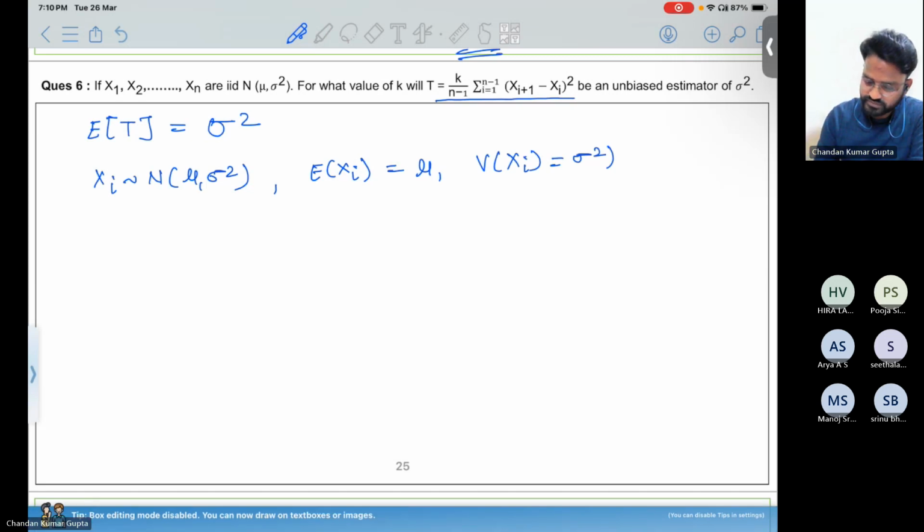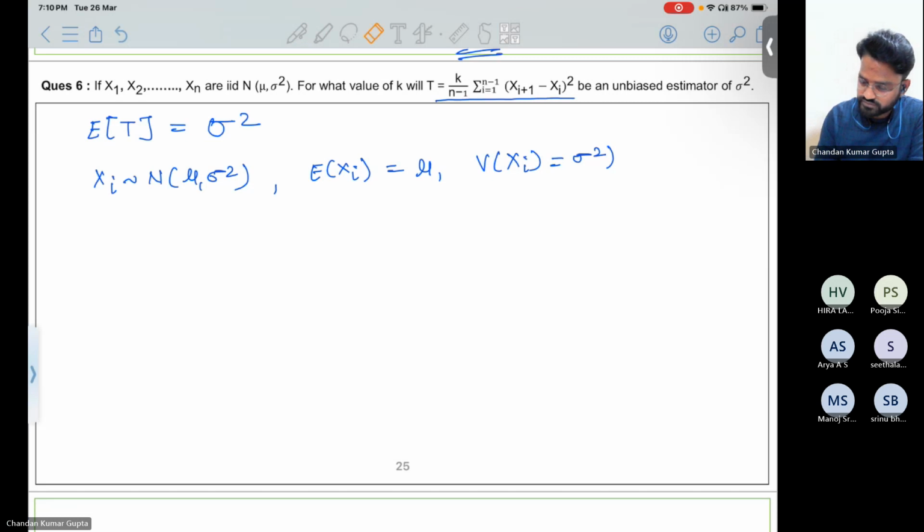Okay. Here we have the whole square term, so if we expand, we have xi square, xi plus 1 square, and the cross term also.